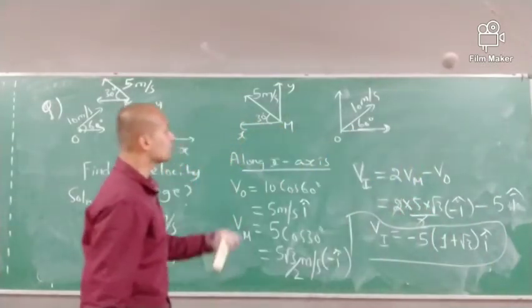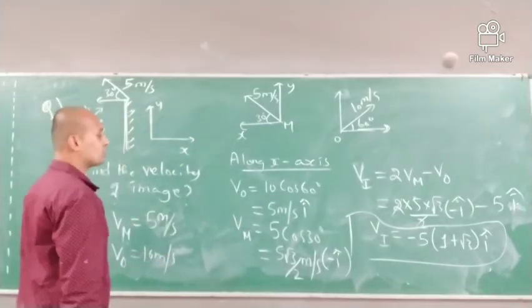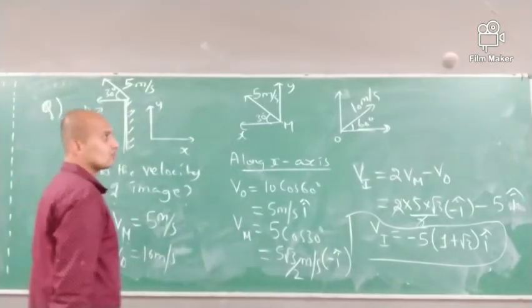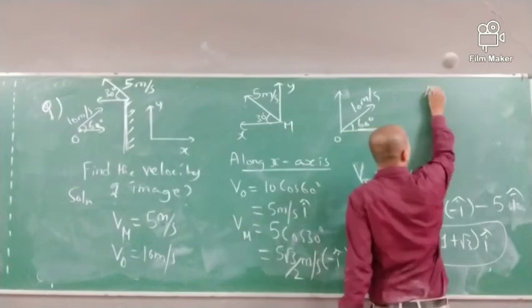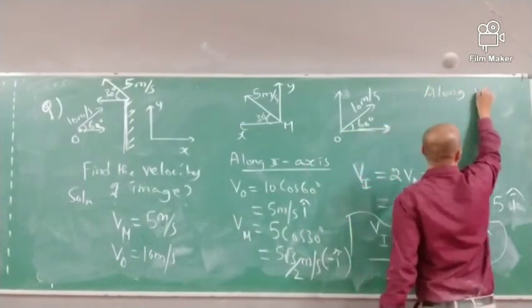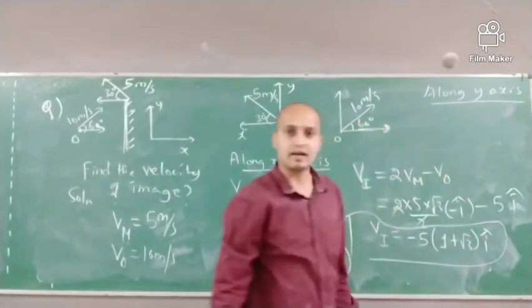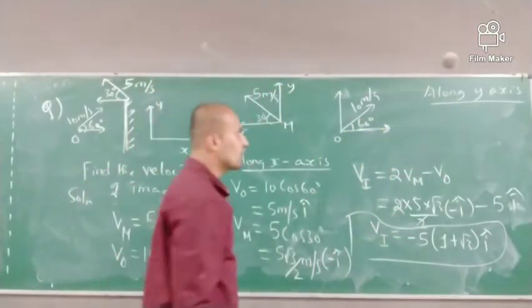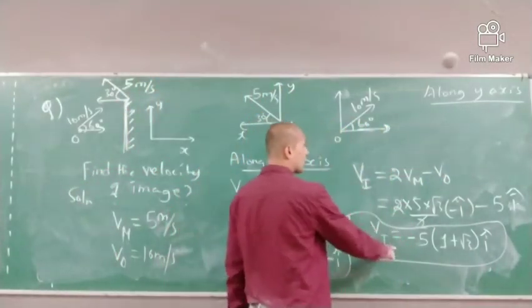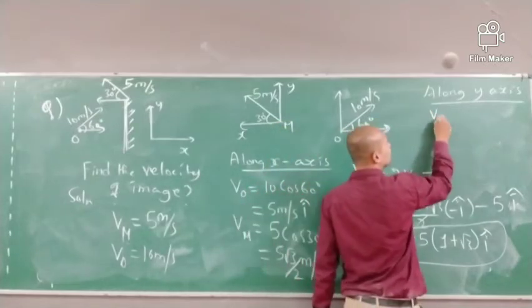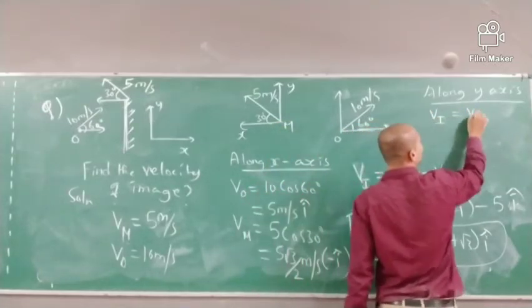If you try to find velocity of image along y-axis, let us find for y-axis. See here, along y-axis, velocity of image is equal to velocity of object. That's it.